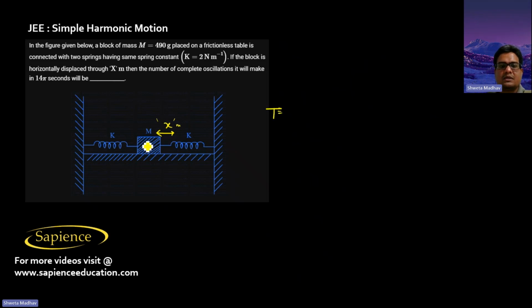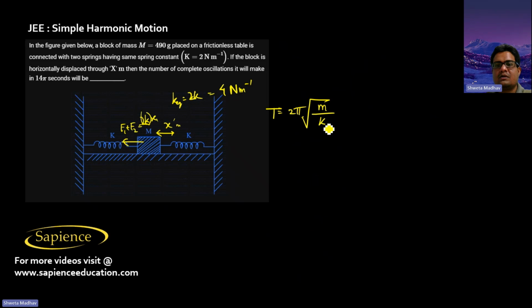So here the time period will be found as follows. The net force is equal to F1 plus F2, that is K1 plus K2 times x, so the K equivalent is equal to 2K. That means the equivalent spring constant is 2K, the sum of the two spring constants, which is equal to 4 Newton per meter. So as you know, the time period is 2 pi root over m by K equivalent.